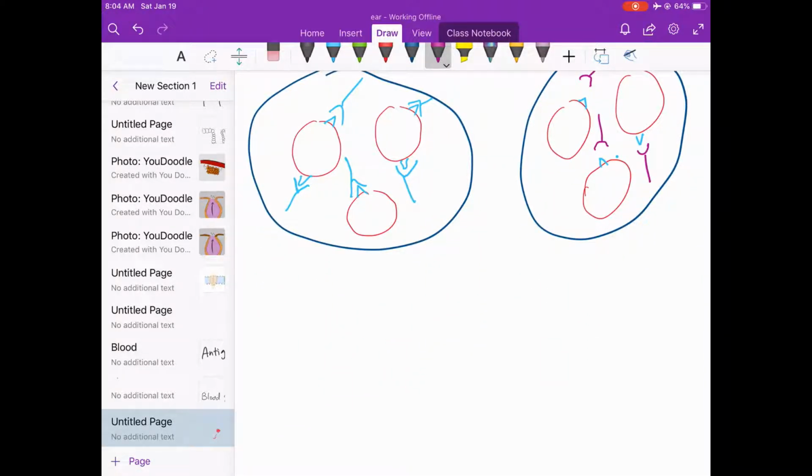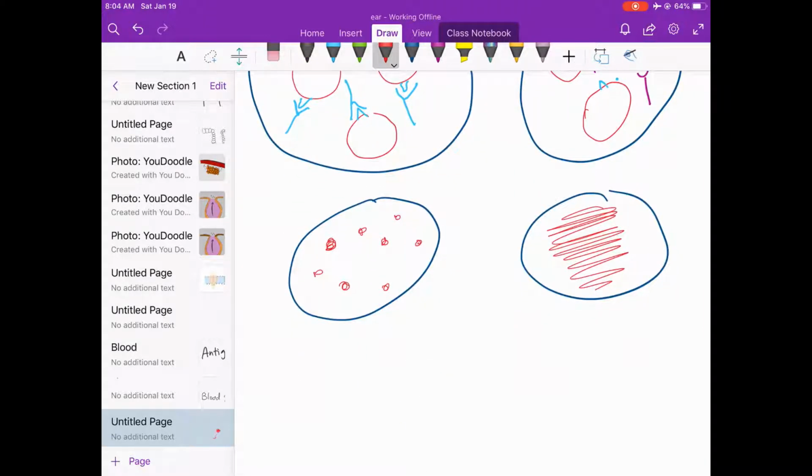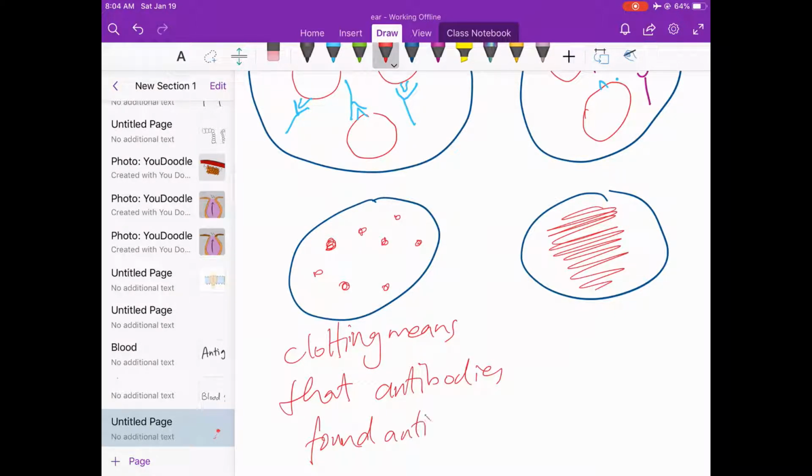What we will see eventually is that in this group we will have clots of blood, whereas in this group we will have no clots. Now, clotting means that the antibodies found antigens.